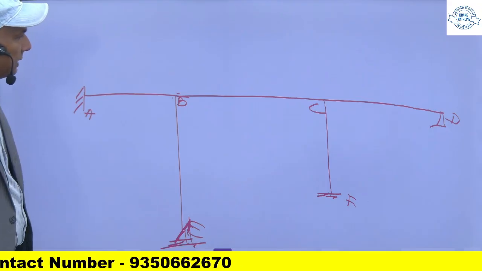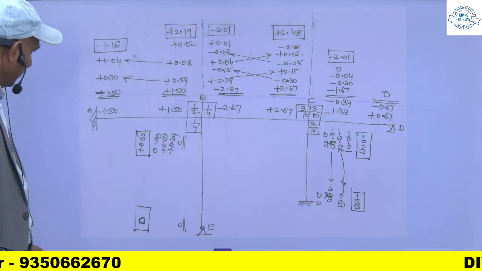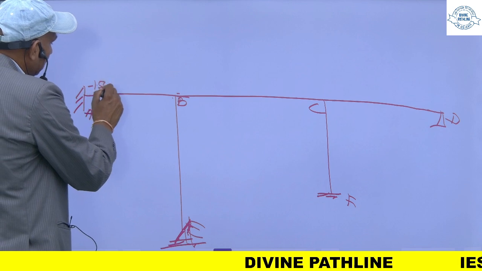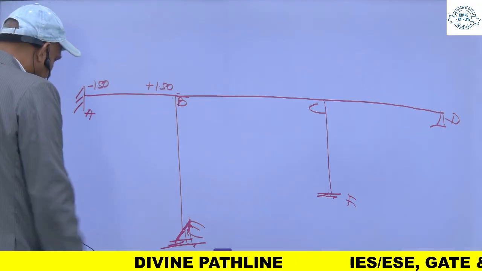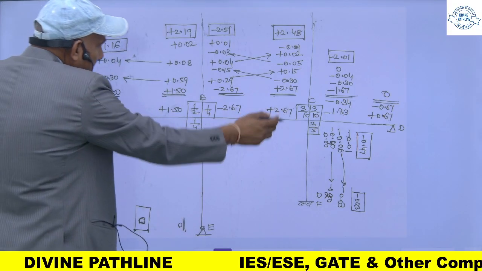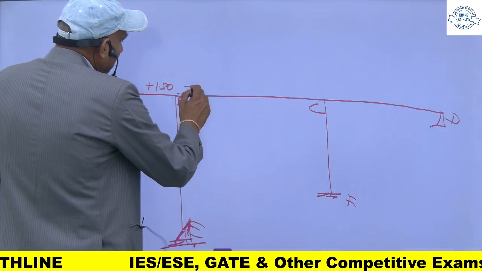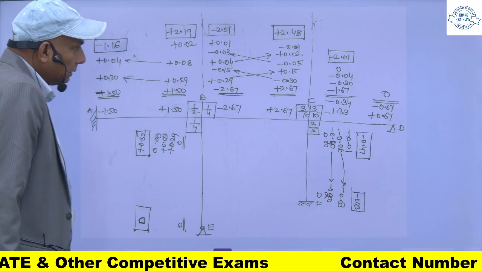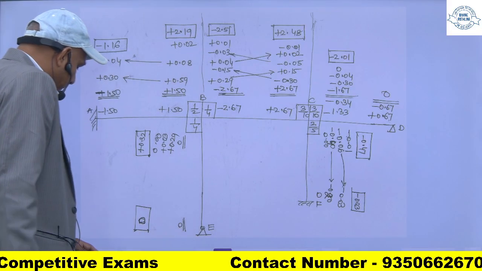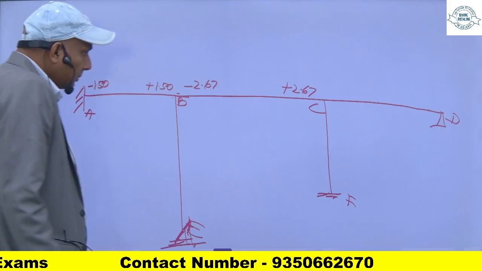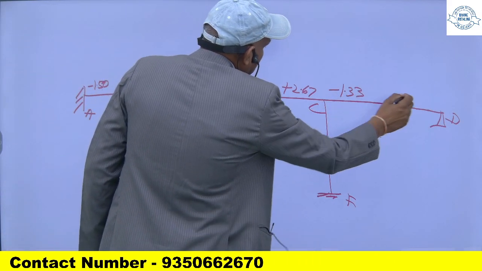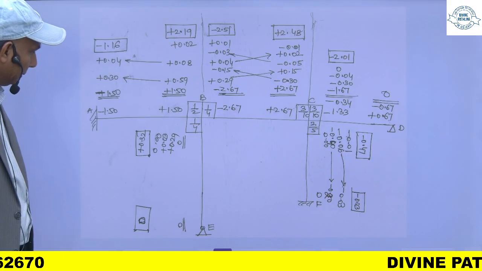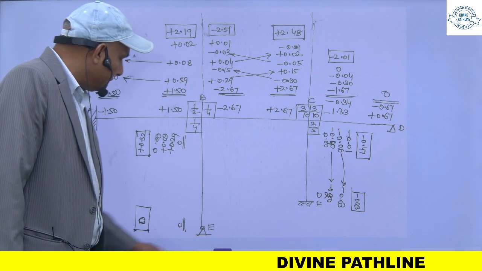So now I can plot the values here. This is minus 1.5, plus 1.5, and minus 2.67. This is minus 1.33, plus 0.67, and it is 0, 0 here.